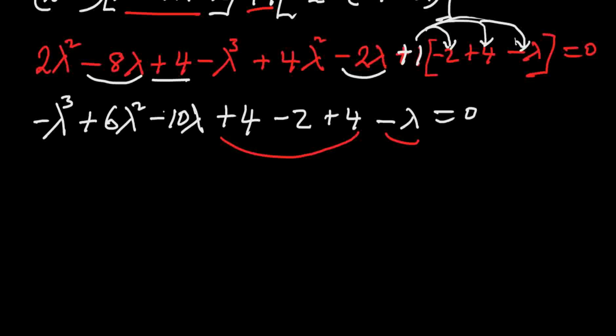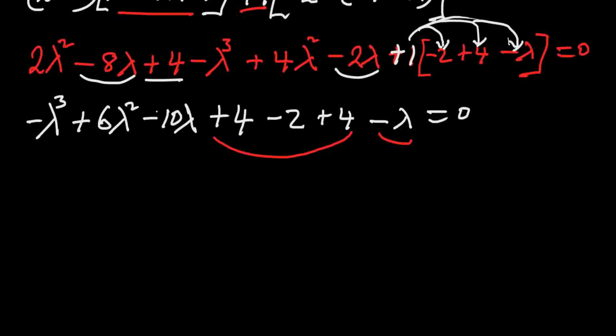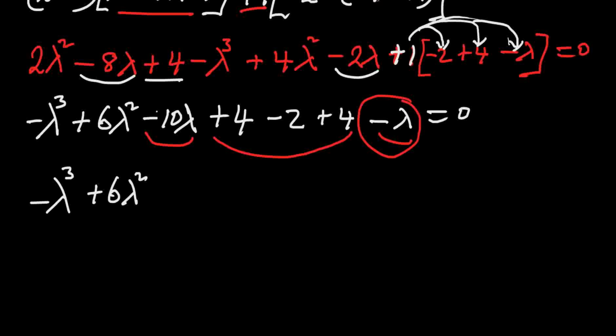So if we write this again, we have negative lambda cube plus 6 lambda squared, and now we have negative 10 lambda over here, and we also have negative 1 lambda over here.